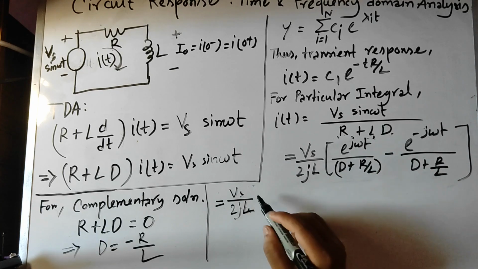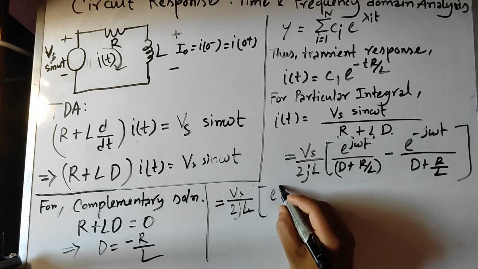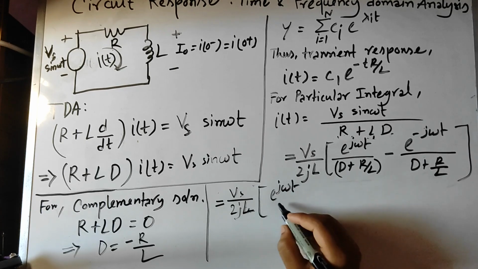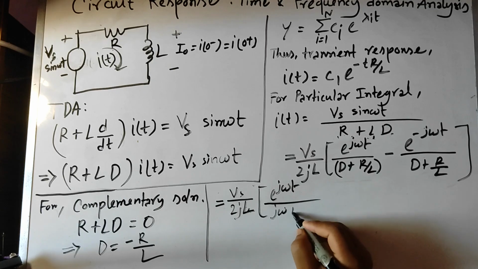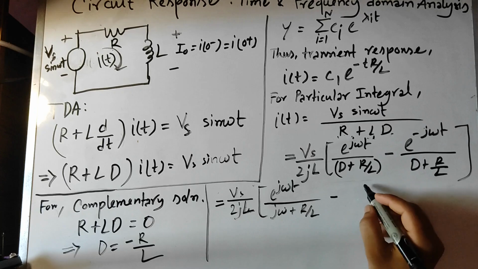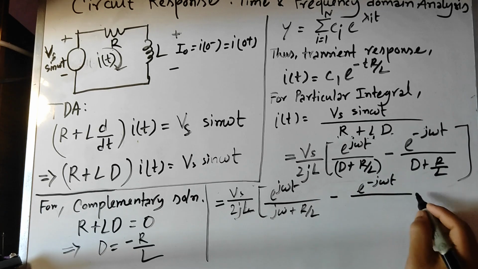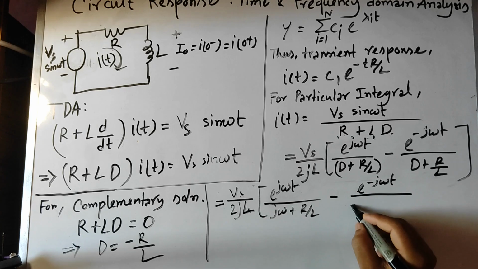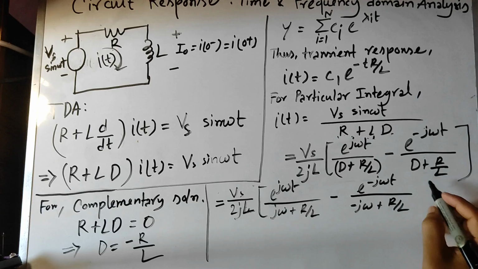From the formula we get Vs by 2jL times e to the power j omega t by (j omega plus R by L) minus e to the power minus j omega t by (minus j omega plus R by L).